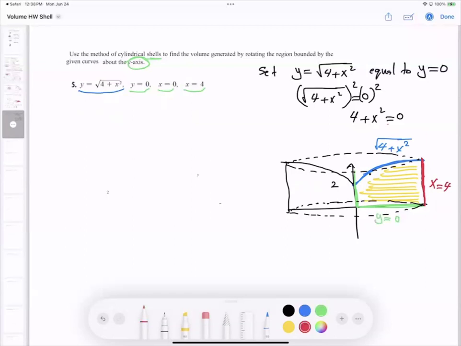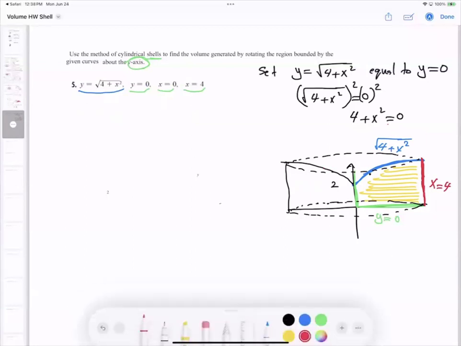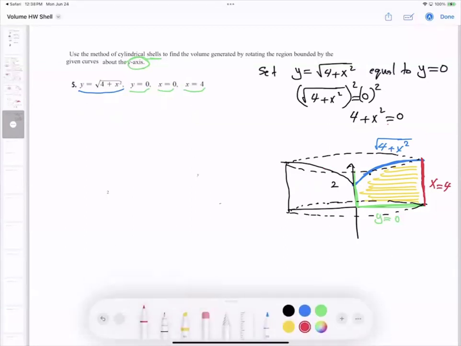So if we just take a typical cylinder for the sake of visualization, this is the base of the cylinder.